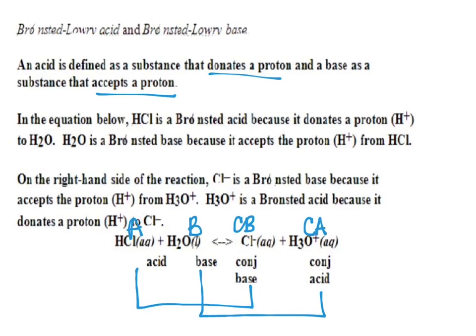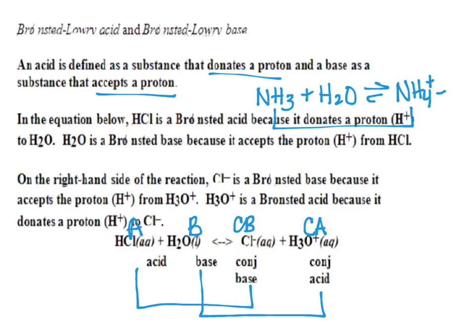If we had NH3 and we add water, NH3 is a base, and then it can accept a proton and become the conjugate acid, and then we would have the OH minus. Okay, so an acid always has a conjugate base, and a base always has a conjugate acid.